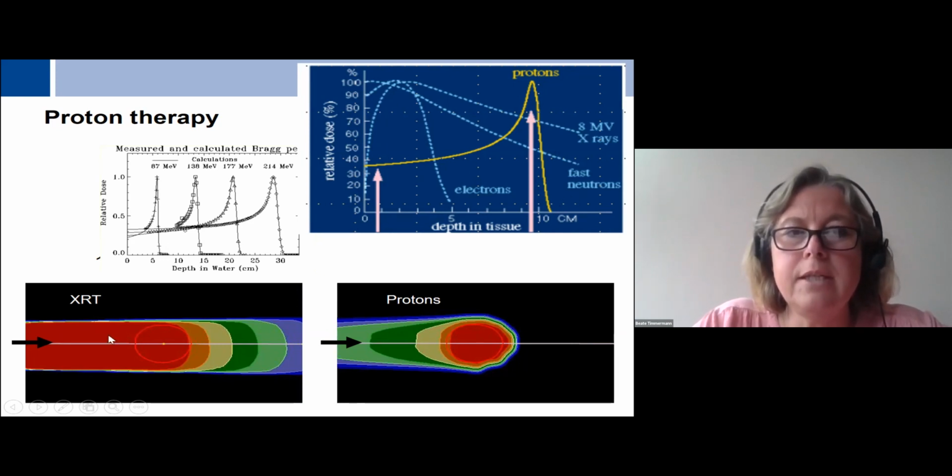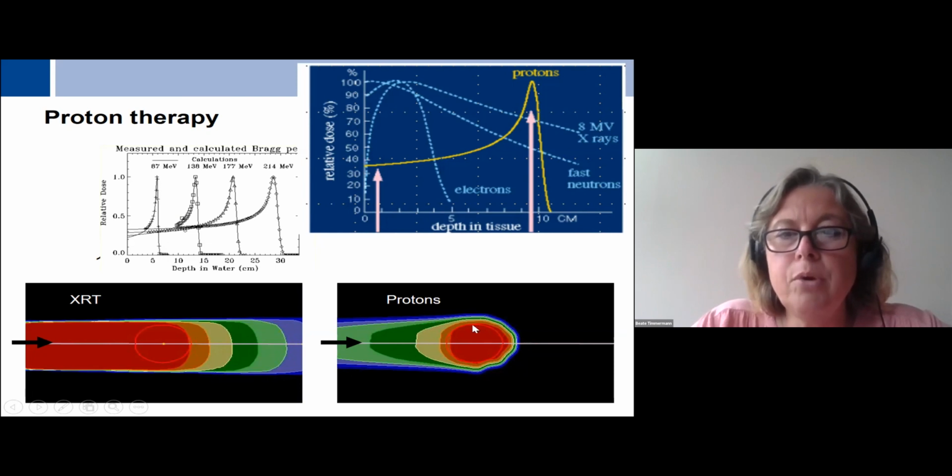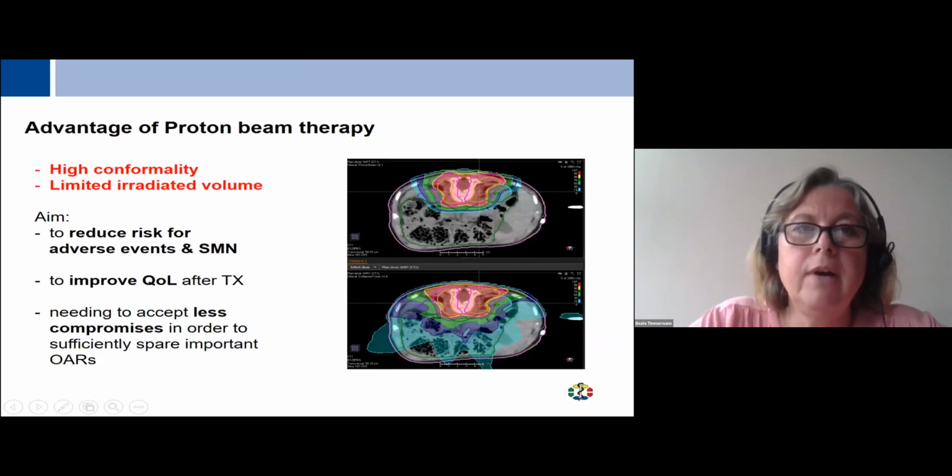That is displayed here with one photon beam, which travels like a canal through the body, whereas protons stop and spare ionizing dose distal from the target. That, of course, is a major advantage.